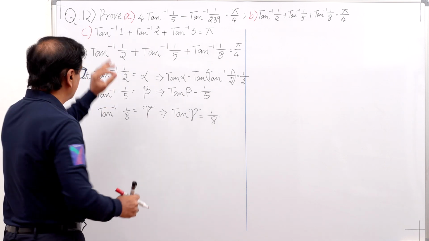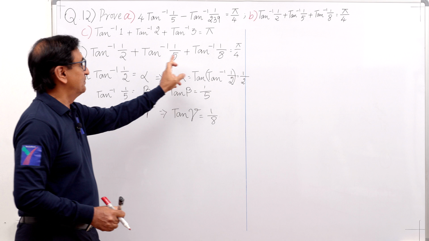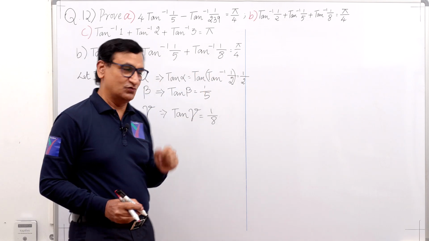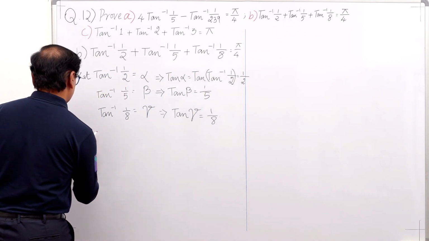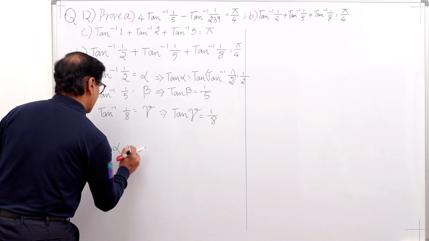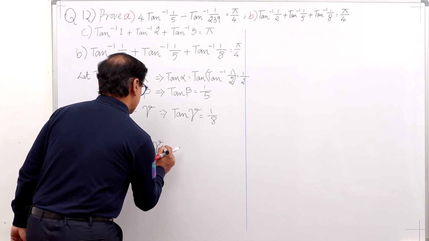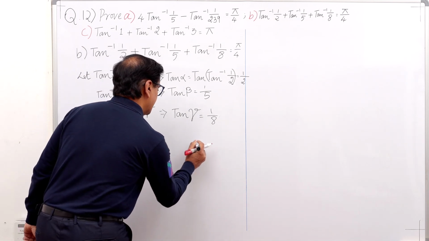So just as in the previous question, we have to prove alpha plus beta plus gamma equals pi by 4.